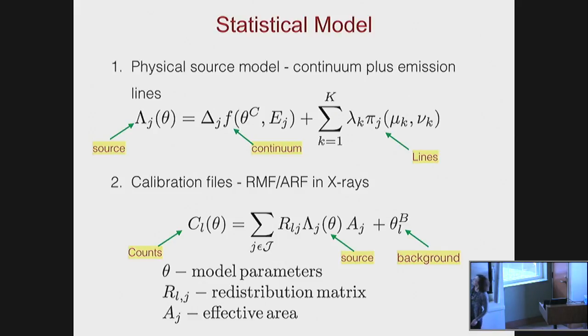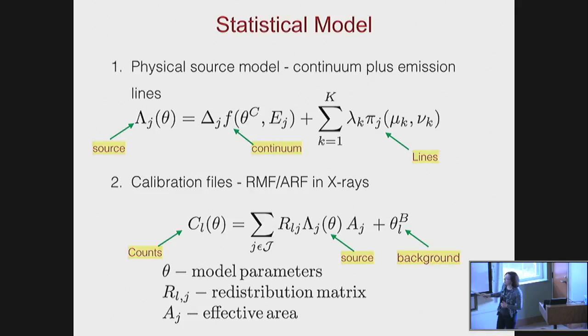And these are the lines: a sum of Gaussian lines, Lorentzian lines, and depending on the distribution, we have the proportions of the photons which go into these lines. So that's our physical model. If you look at the spectrum I showed before, you can imagine there is a continuum and some fraction of the observed photons which went into the lines.